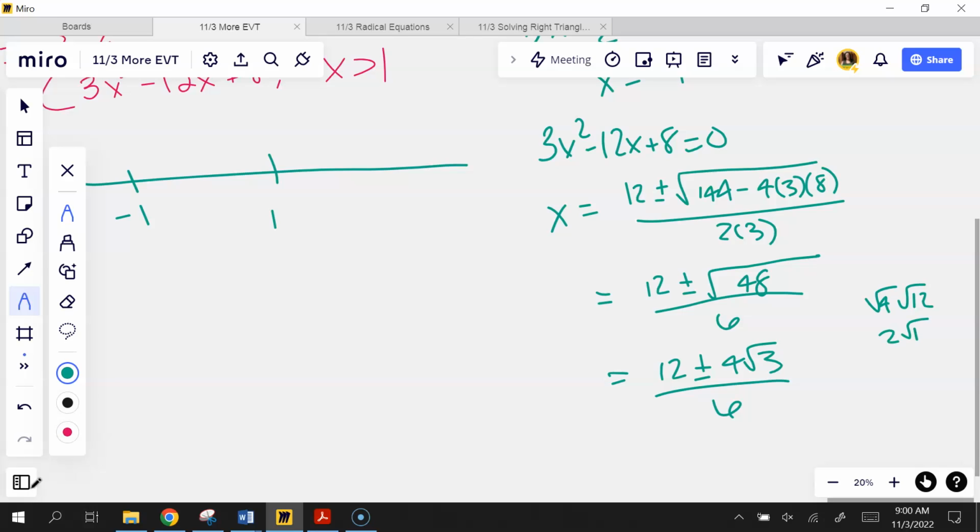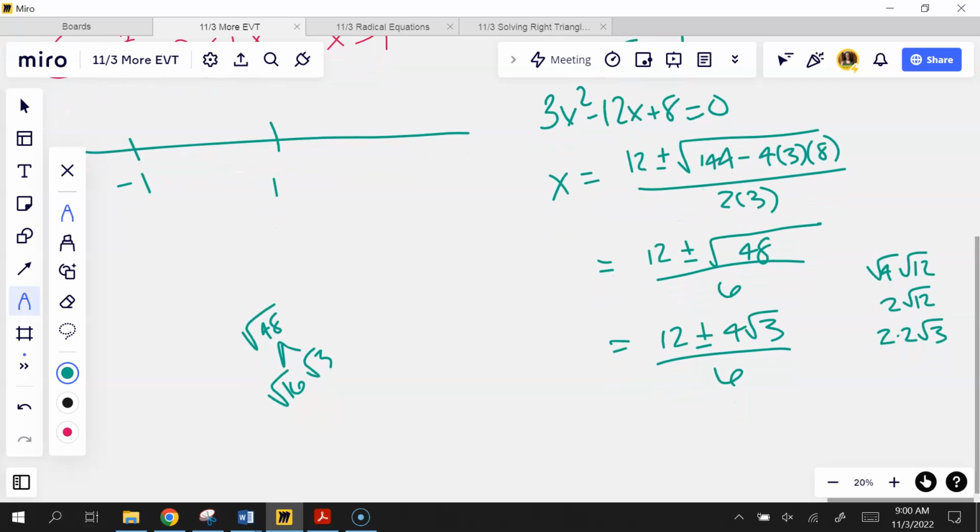You get 2 root 12, but then you have to do 12 again. I did 48 is 16 and 3, and then divide. Now I can simplify. I can divide everybody by 2. 2 root 3 over 3.